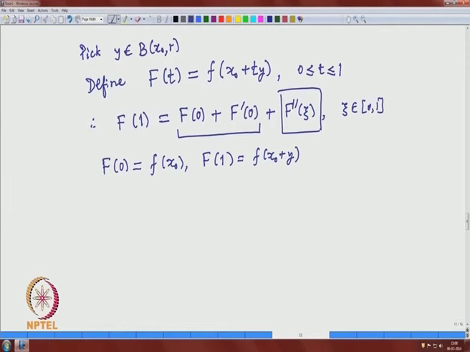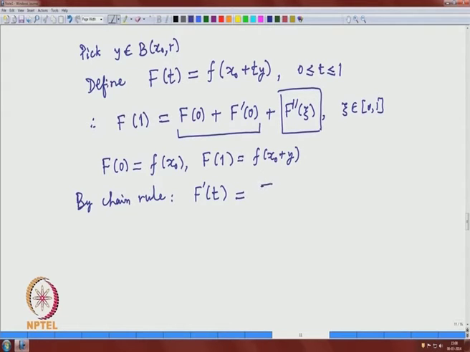Okay. And by chain rule, F prime(t), so this is a function of n variables.